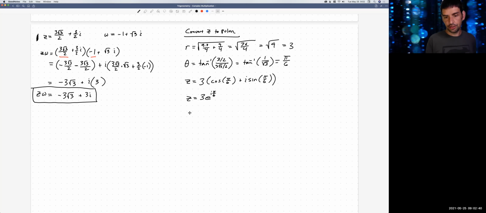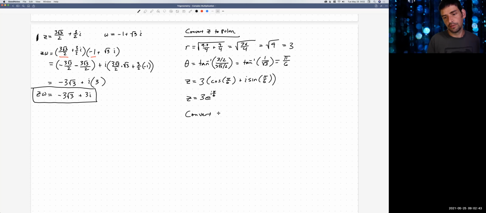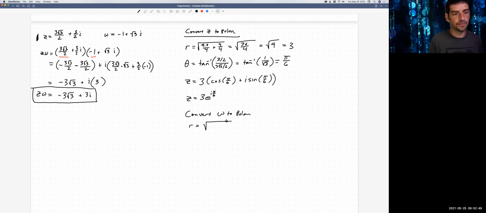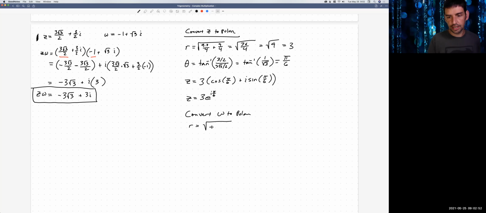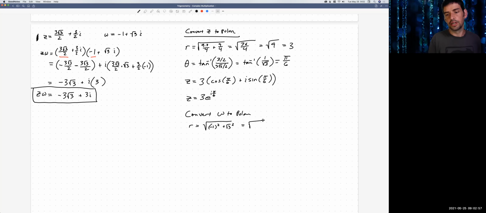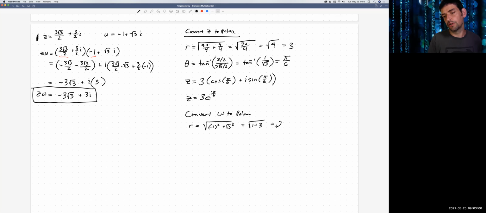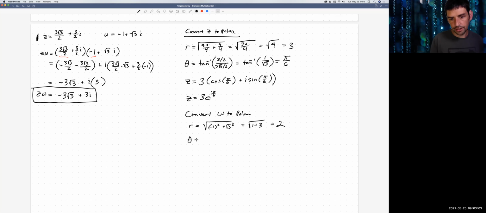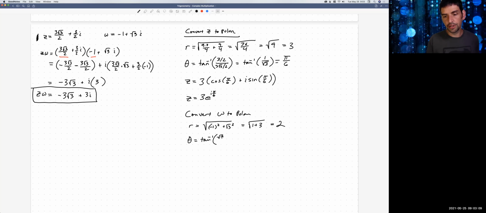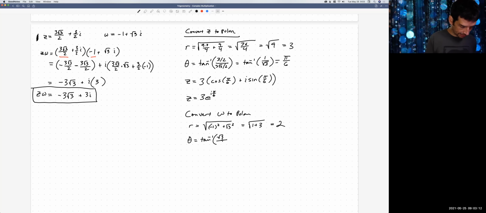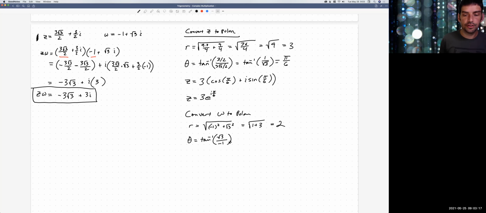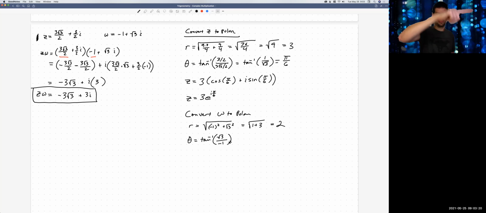We can do the same thing to convert w to polar. So r is going to be the square root. So where's my w? So we're getting -1 squared plus root 3 squared. So we're getting the square root of 1 plus 3, or 4. Square root is 2. Theta is going to be the tangent inverse of root 3 over -1. But this point, -1 root 3, is in quadrant 2.